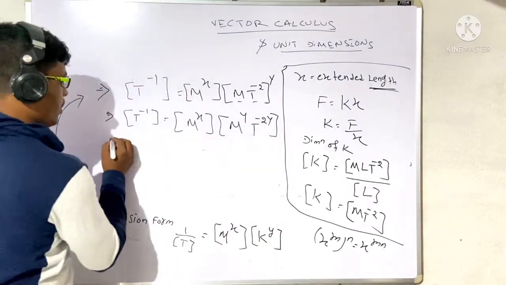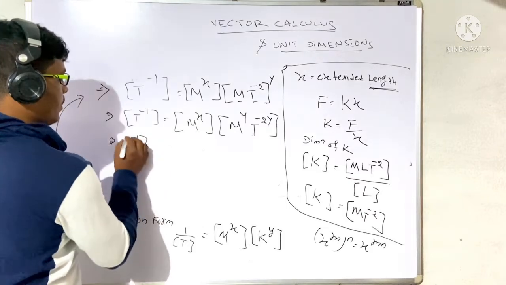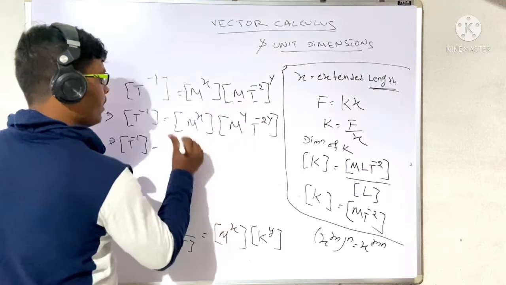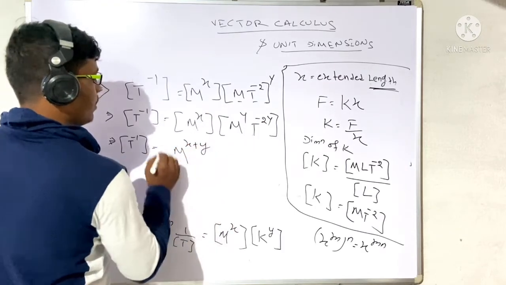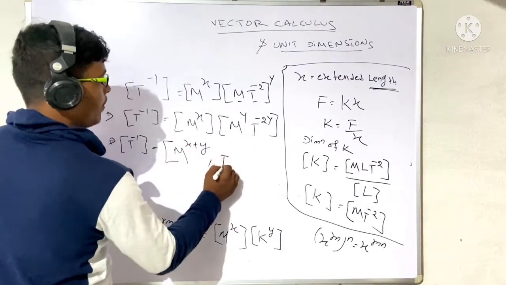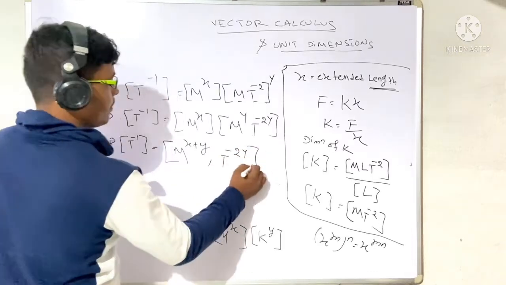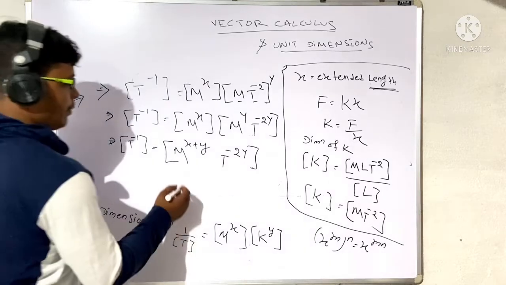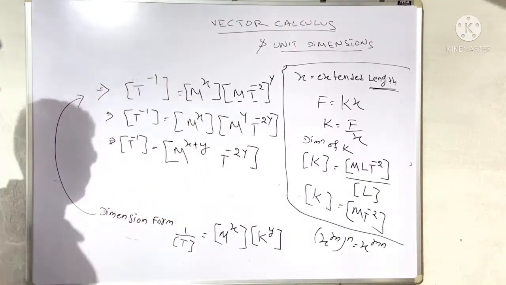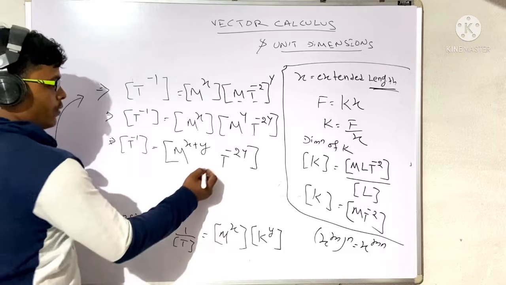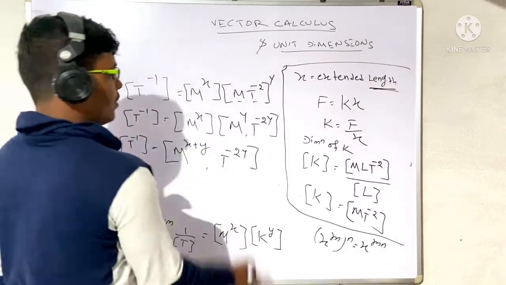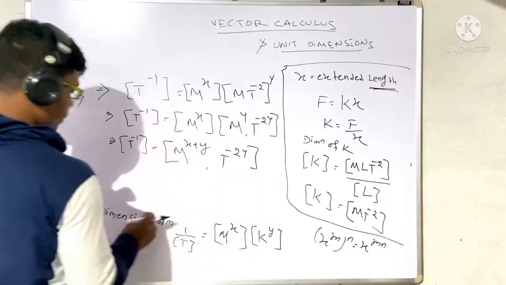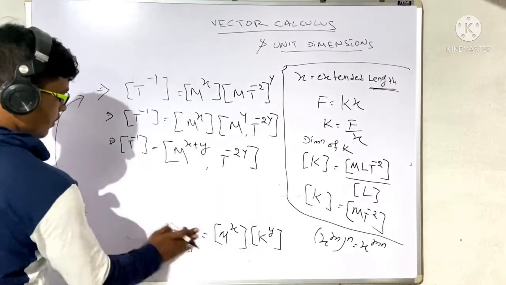So now T^-1 equals M^x into M^y, that is M^(x+y), and then T^-2y. So this is the dimension form: M^(x+y) into T^-2y. There are two terms, M and T, so you can put a comma there just to remember. This is the dimension formula.